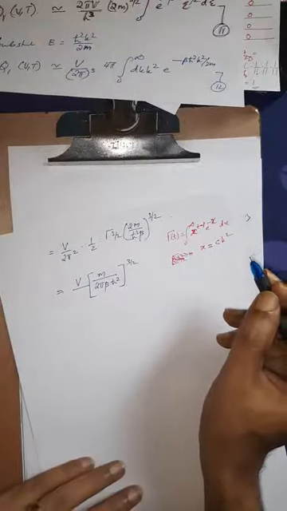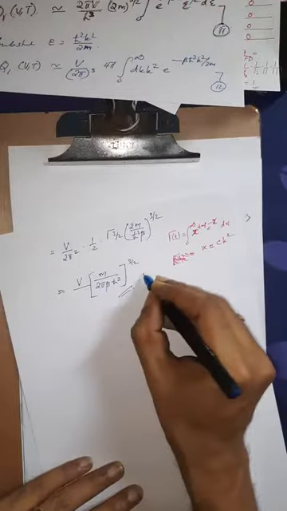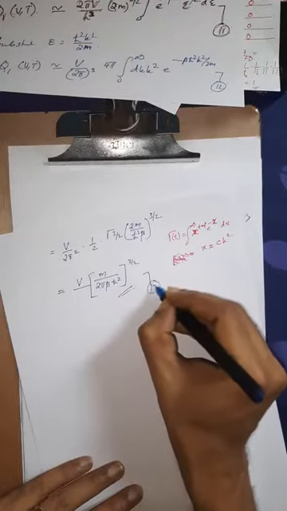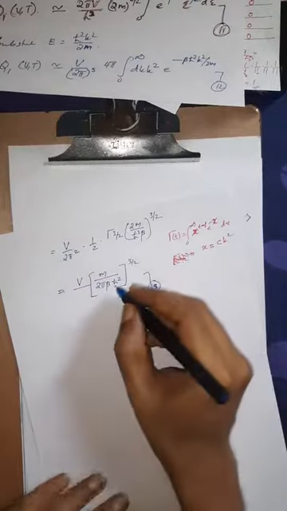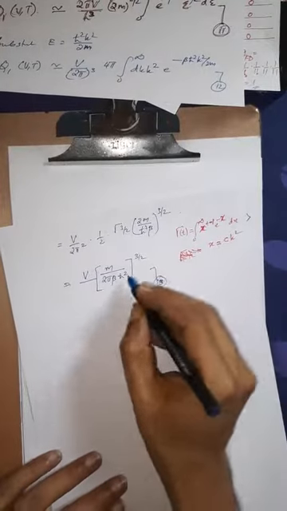So while applying all those things we get this expression. So this is the expression for Q1 Vt.